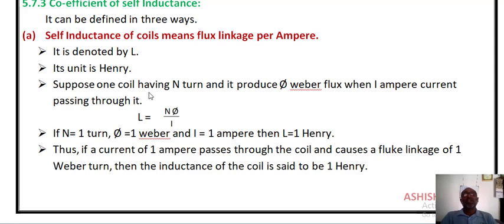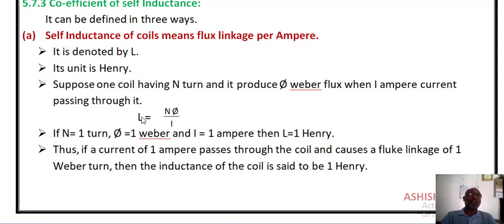Now suppose we take one coil having N number of turns, and when I ampere current passes through this coil, it produces phi Weber flux. So as per the definition, self-inductance is the ratio of flux linkage per ampere.